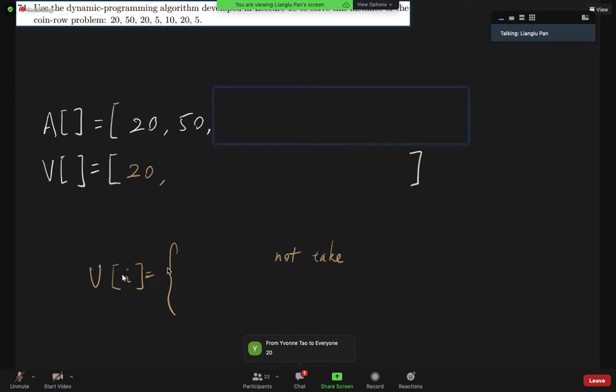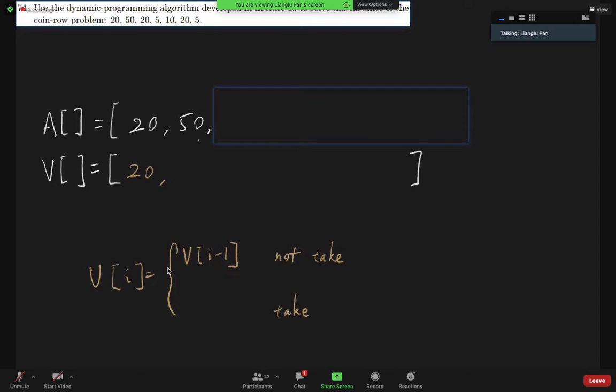So I think in the array V at index i, we have 2 possibilities. We can take that coin, or we may not take that coin. And if we are not taking that coin, I think the maximum amount of money we can get would be exactly the same as what we had in the past round. So that's V[i-1].